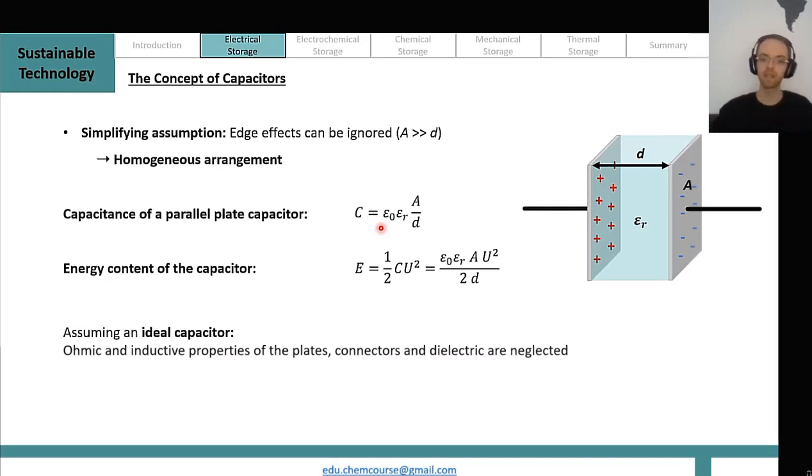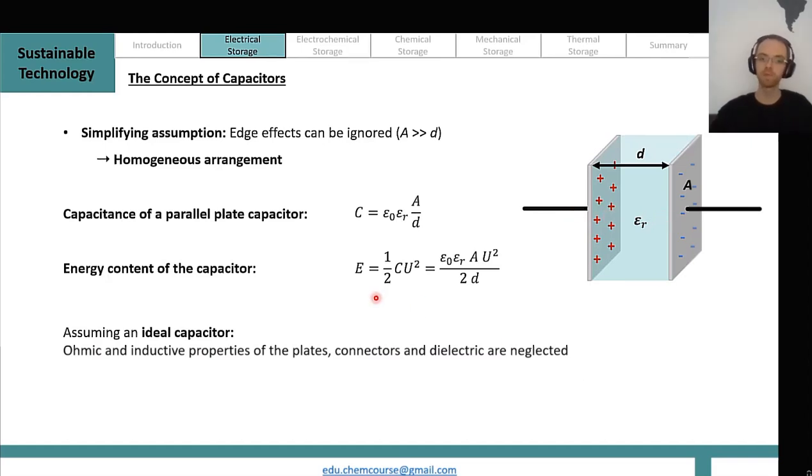So we see that the amount of charges, or the amount of energy, we can store in the system is given by the relative permittivity, while epsilon 0 is the permittivity of the vacuum, so it's a constant. It's given by the area of the electrode, and by D, which is the distance between these two electrodes.